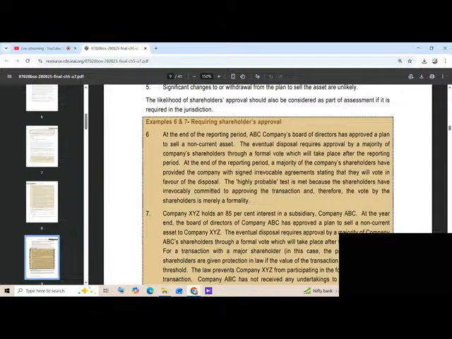At the end of the reporting period, a majority of the company's shareholders have provided the company with signed irrevocable agreements stating that they will vote in favor of the disposal. The highly probable test is met because the shareholders have irrevocably committed to approving the transaction, and therefore the vote by the shareholders is merely a formality.